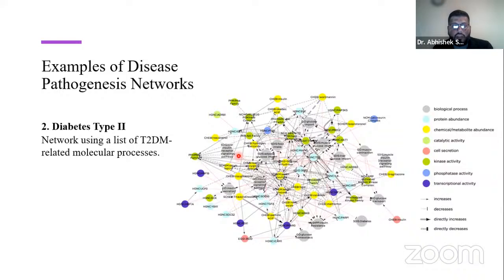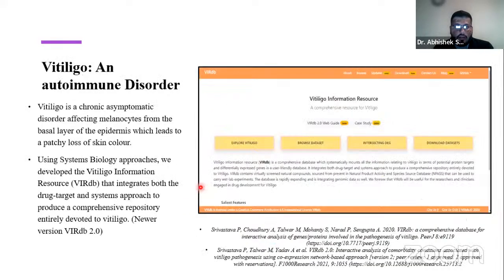The various activities have been represented by these nodes and edges, right? The edges show whether it is increasing the activity or decreasing the activity, directly increasing, indirectly increasing, or directly decreasing the activity. So all these connectivities can be explained. So this is basically understanding the whole diabetic process, the type 2 diabetes model.